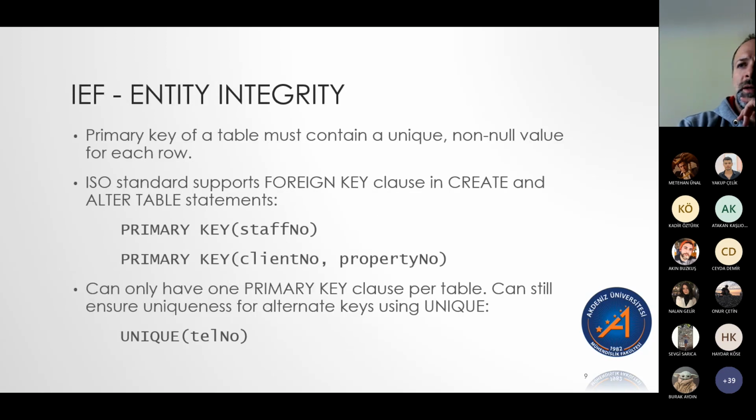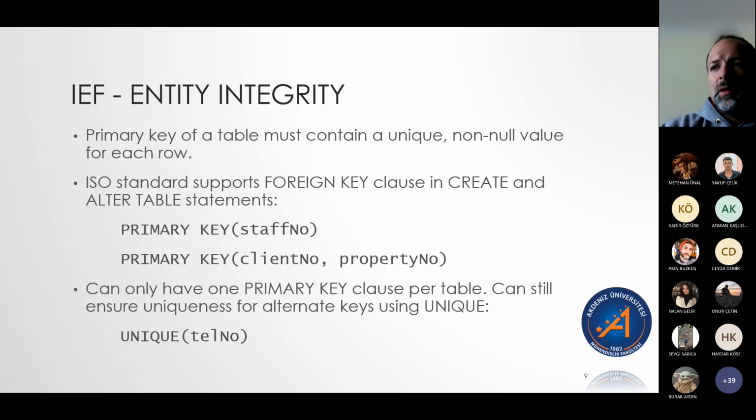All right. So entity integrity refers to that a primary key must contain a unique non-null value. So we cannot have nulls as part of a primary key. We can set that a primary key is a column, like staff number. We could also set that a primary key could be the combination of two columns.